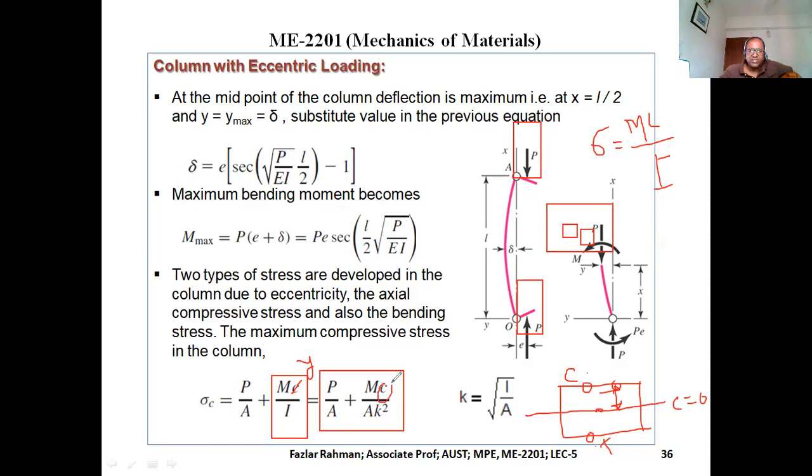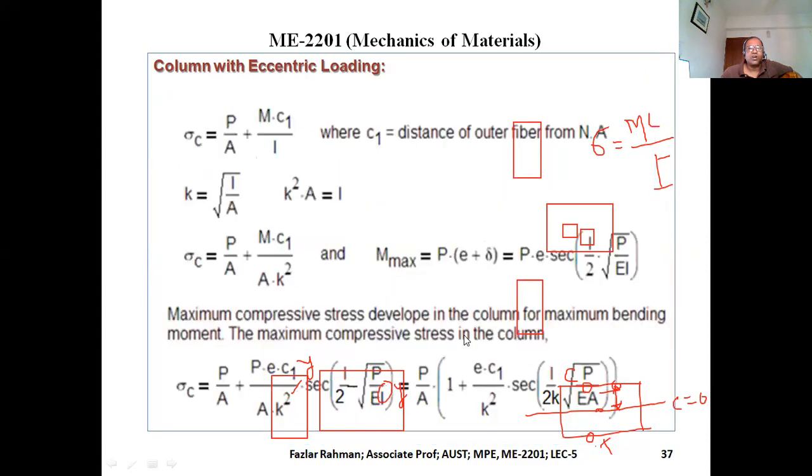So this C and the end condition, both are not the same, though the letter is the same, they are not the same meaning. If I put Y, I can say my P by A k square. Now, instead of Y, I put a different constant.